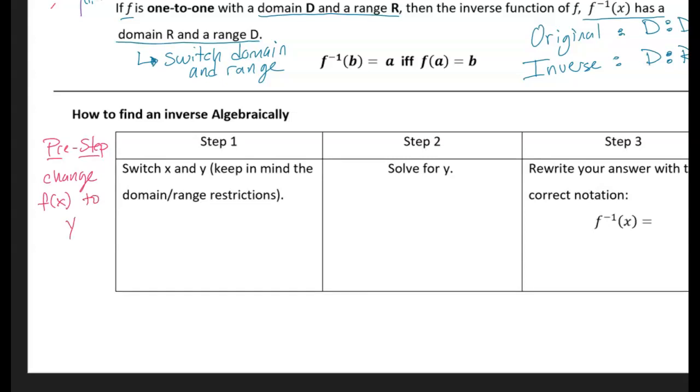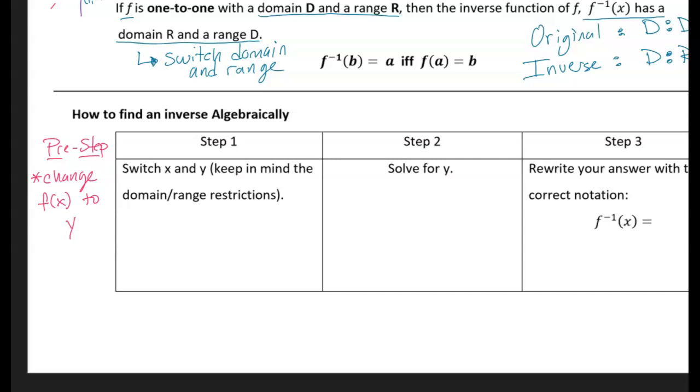That's our first pre-step. Because we then, in step 1, have to literally switch the x and y values. So wherever we see a y, we're going to write x instead. Wherever we see an x, we're going to write y instead.